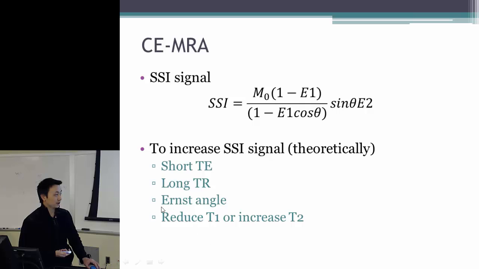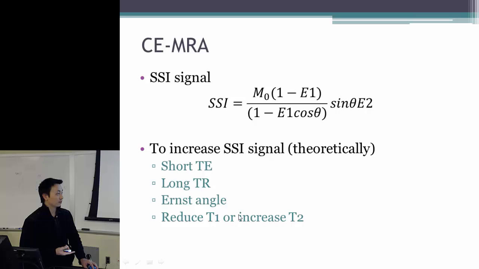We can use the Ernst angle for the blood to achieve the maximum signal for a given TR. And we can also reduce the T1 or increase the T2 of the tissues, theoretically speaking.